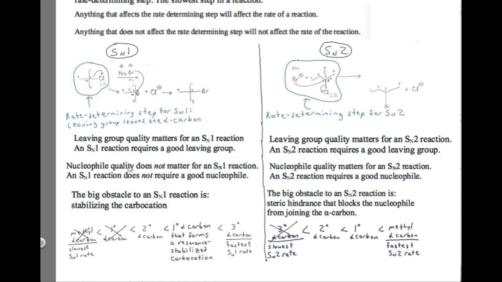Nucleophile quality does not matter for an SN1 reaction, because the nucleophile does not participate in the rate-determining step for SN1, but nucleophile quality does matter for SN2, because the nucleophile does participate in the rate-determining step for SN2.